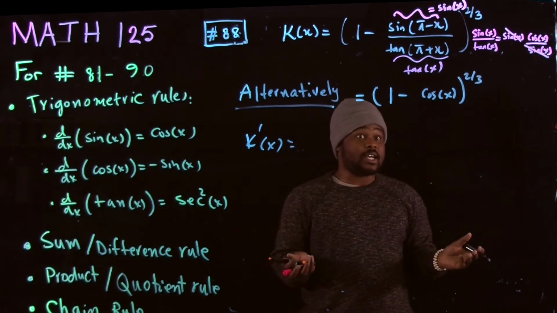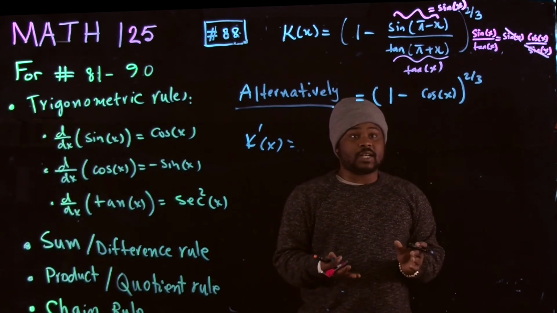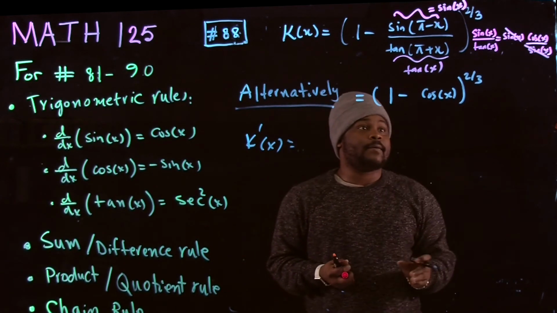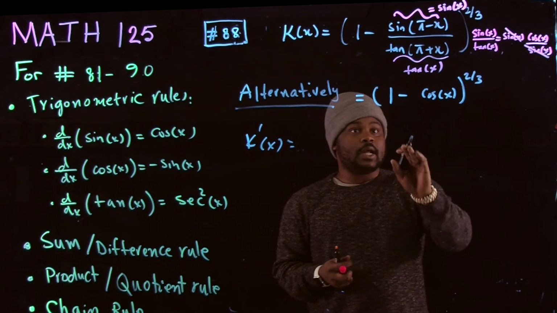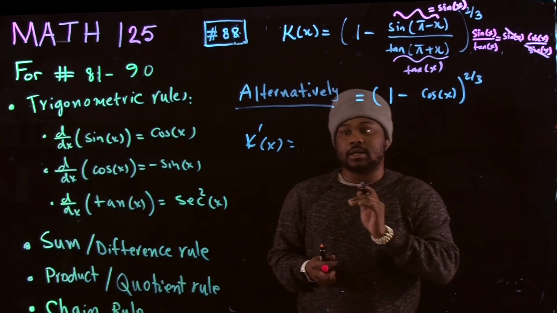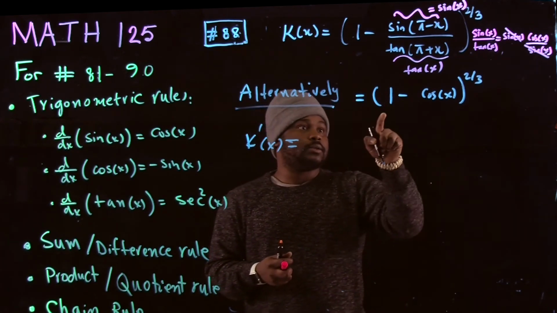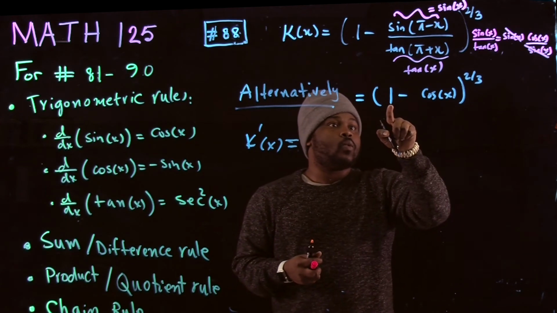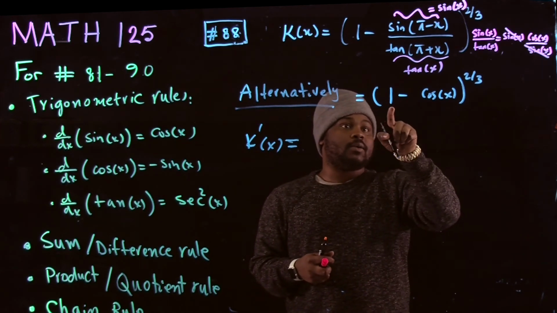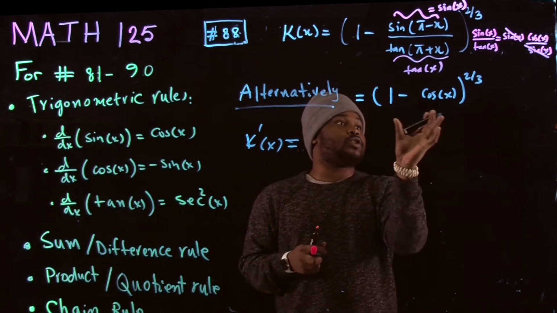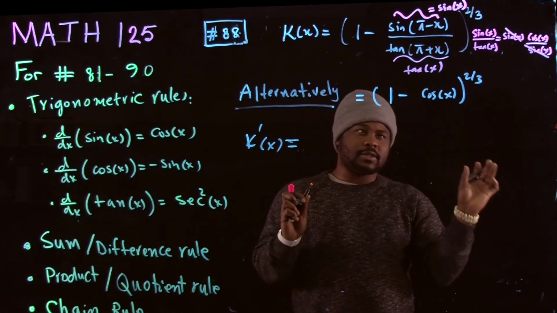Now this is clean. To take the derivative, we are still going to apply the chain rule. Now derivative of the inside is, now what is derivative of 1? Derivative of 1, or let me just write the rule. Let's do the power rule first, right? Because it's easier that way.